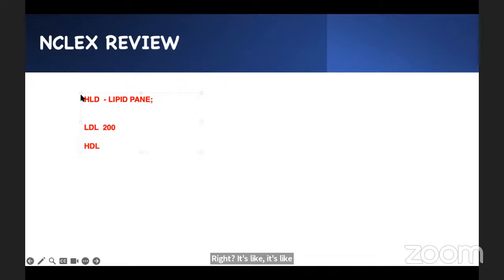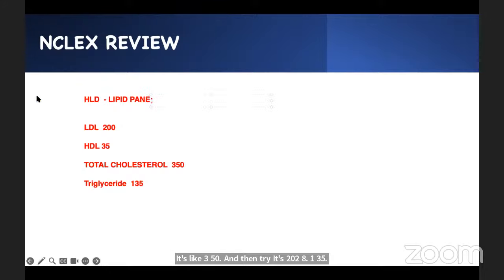The HDL is like 20, 30, 35, and the total cholesterol is like 350, and the triglyceride 200, 135. Where do you want this to be? Do you think this is enough? What numbers do you want it to be?